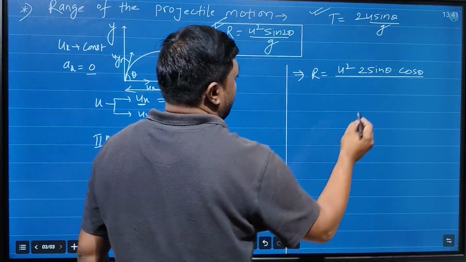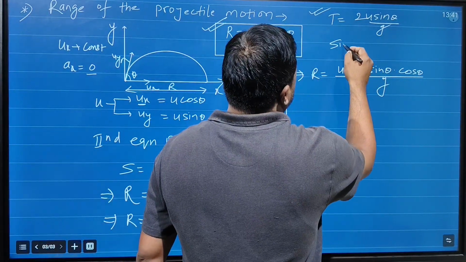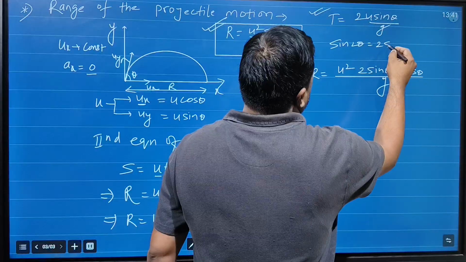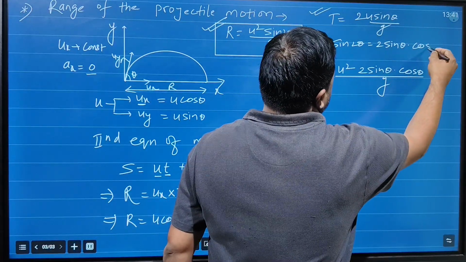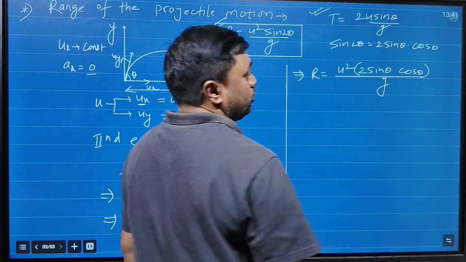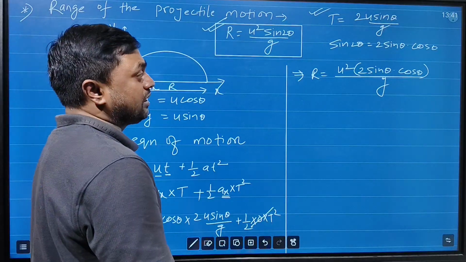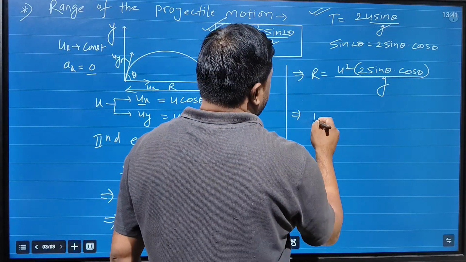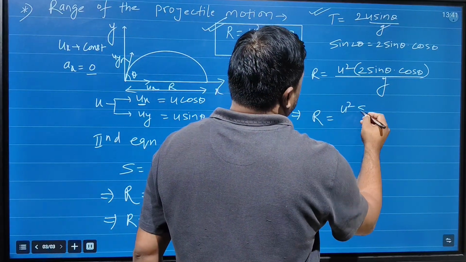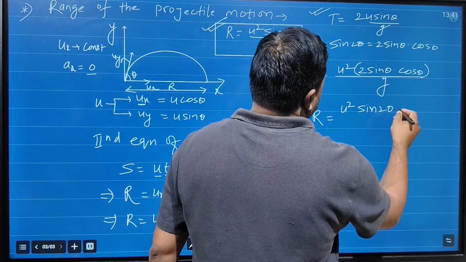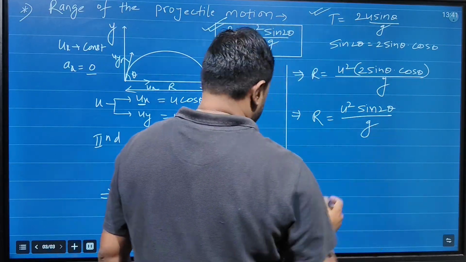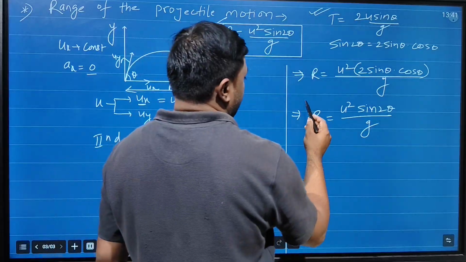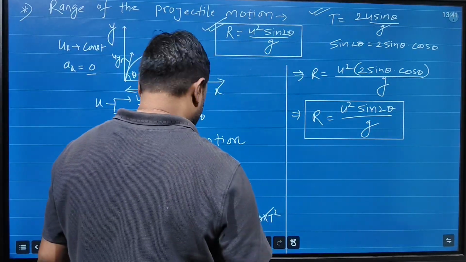In trigonometry we have learnt one formula: sin 2 theta is twice sin theta into cos theta. So 2 times sin theta cos theta is sin 2 theta. So we can write R is equal to u square sin 2 theta upon g. This is the derivation for the range of a projectile motion.